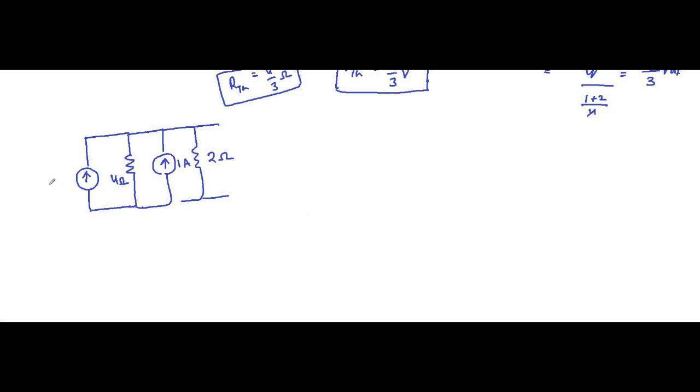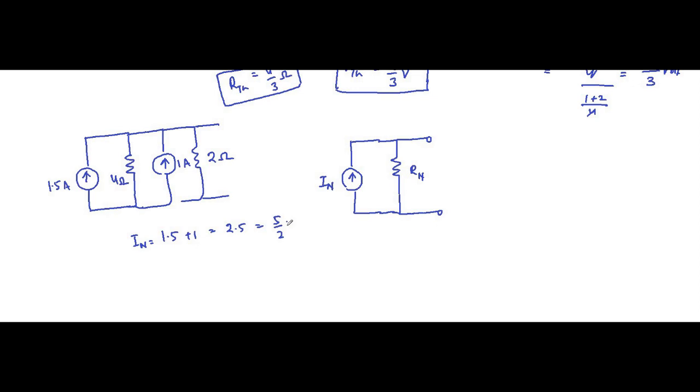Now we have to convert it into the Norton equivalent circuit, RN, IN. IN will be simply both the currents summed together, that is 1.5 plus 1, equal to 2.5 or 5 by 2 ampere.